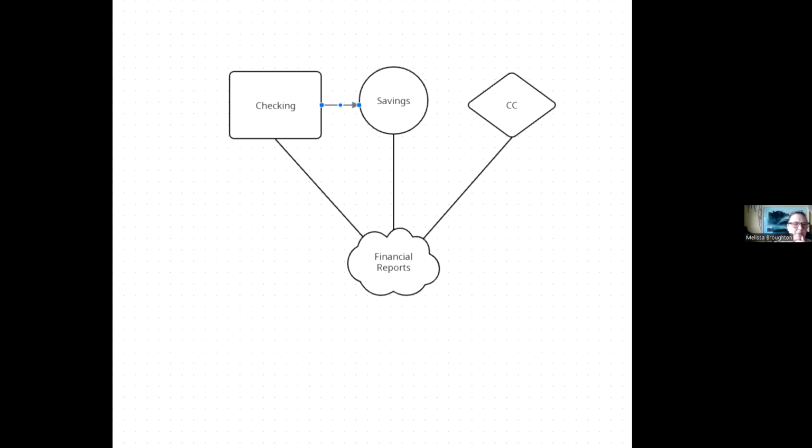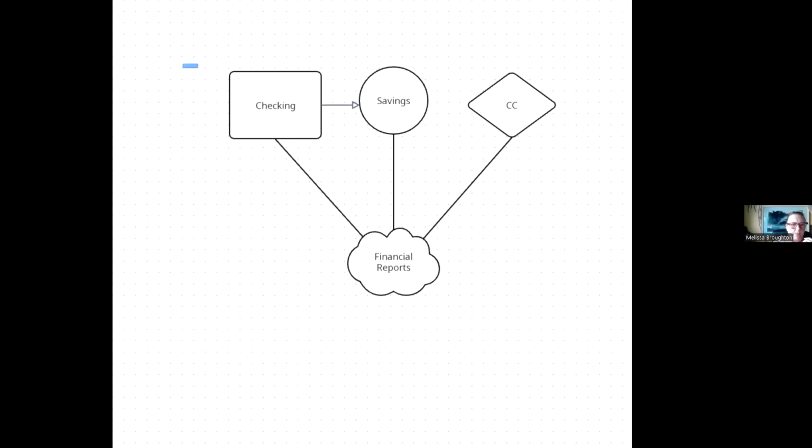So they take the money from the checking account and then they transfer that money to savings. Well, one of the issues that can happen with that is the money that is transferred from checking is considered, when it gets deposited into checking, that is, and we're going to use this arrow as our arrow.